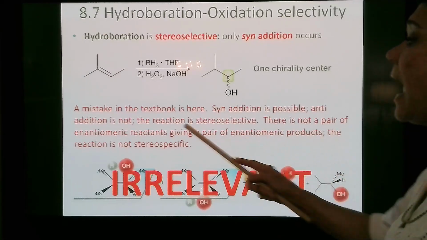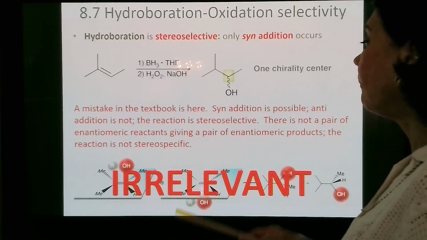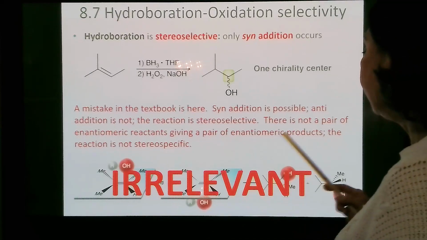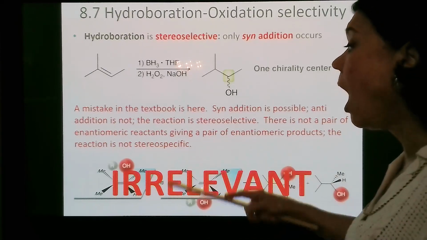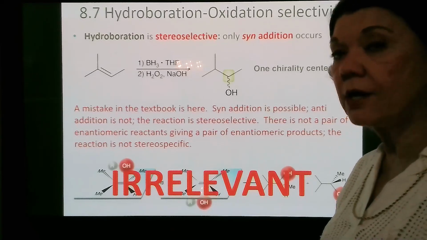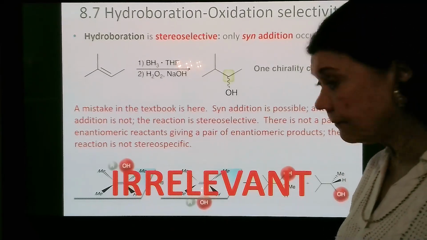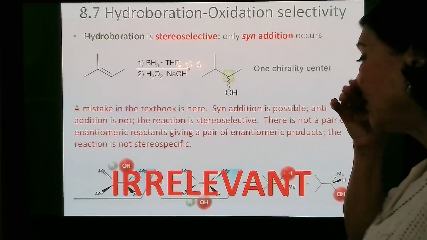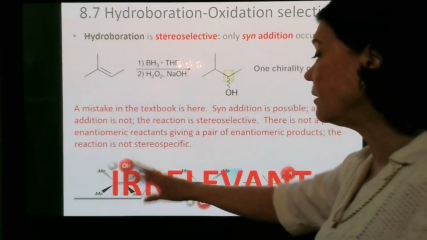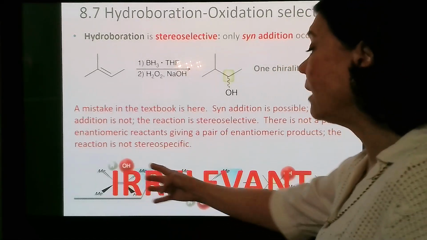So there's not a pair of enantiomeric reactants giving a pair of enantiomeric products. The reaction is not stereospecific. Hydroboration is not stereospecific. Hydroboration is stereoselective. Okay? And there's a lot of discussion about this in your textbook and trying to say whether it's stereospecific or not. It doesn't matter. None of this matters.